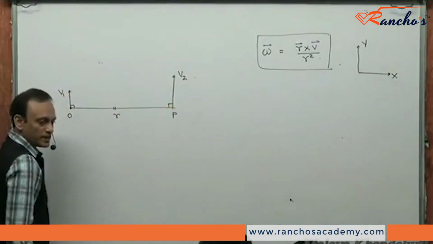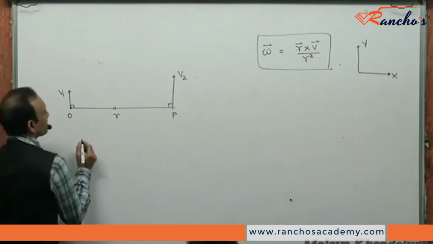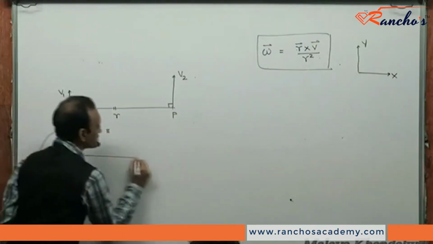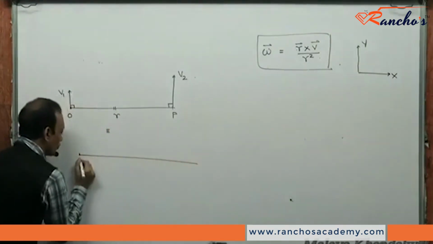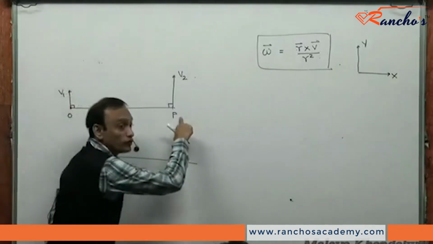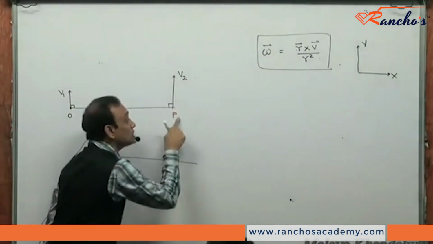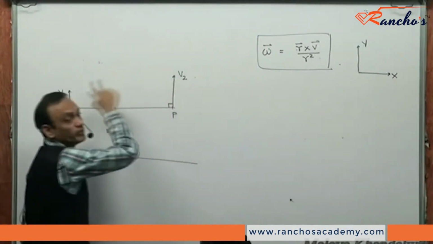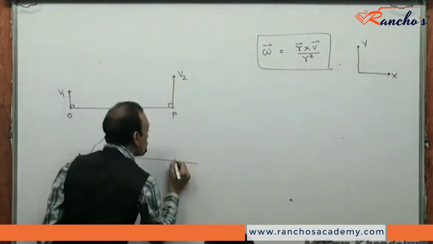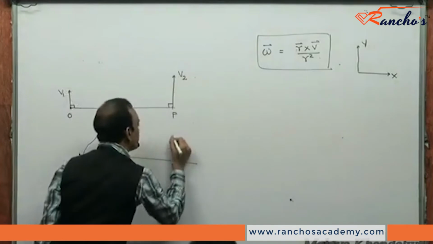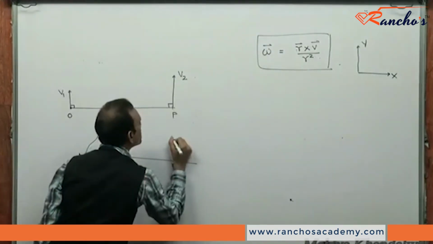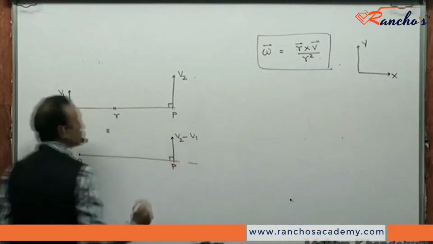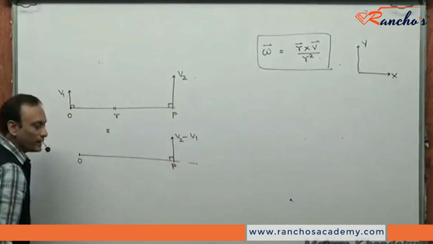In this situation, if I treat O as an observer, if I fix O, then I would have to redefine the velocity of P. The velocity of P now would be the velocity of P as seen by O. It's not going to be v2, it's going to be v2 minus v1. So on a relative scale, the velocity of P will no longer be v2, but is going to be v2 minus v1 perpendicular to OP.